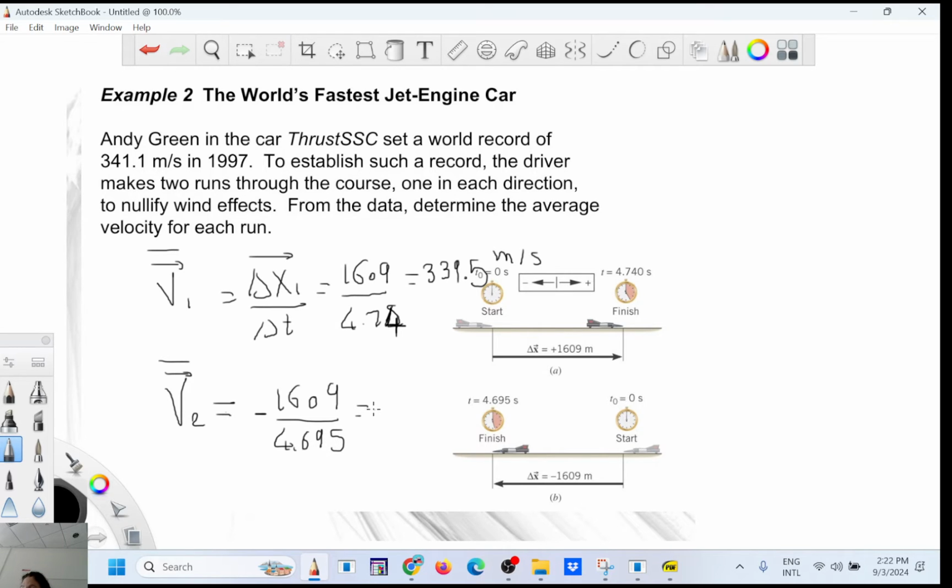And you get exactly meters per second. Okay, so average velocity, that will be the definition. And there is a negative here, that will be the direction. How much of what, which way? Okay?